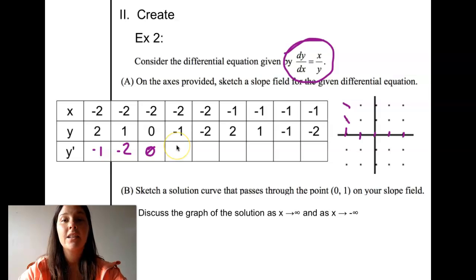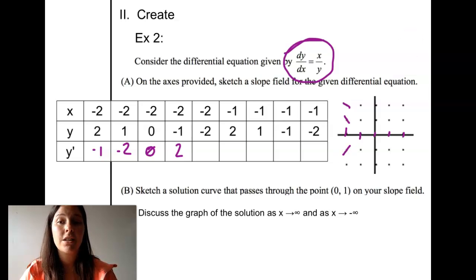Negative 2 divided by negative 1 gives us a slope of 2. So at the point negative 2, negative 1, we're going to plot a slope of positive 2. So I'm going to try and mirror that slope of negative 2 as best I can, but in the positive direction. Negative 2 divided by negative 2 gives us a slope of 1. So we go to the point negative 2, negative 2, and again, try and get that perfectly diagonal line, but this time with a positive slope.